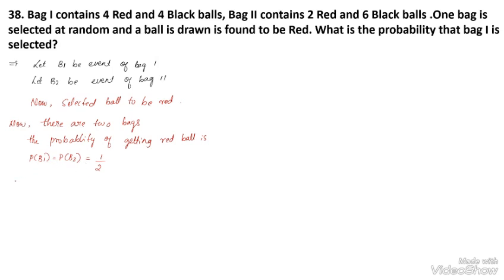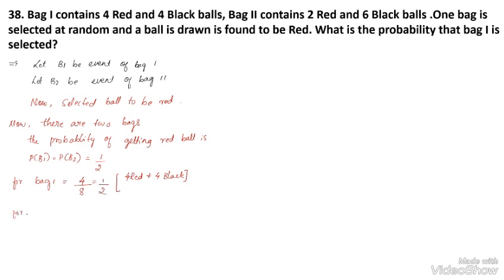Now, for bag 1, there are a total of 8 balls: 4 red and 4 black. Out of 8, 4 are red, so the probability is 1 by 2.